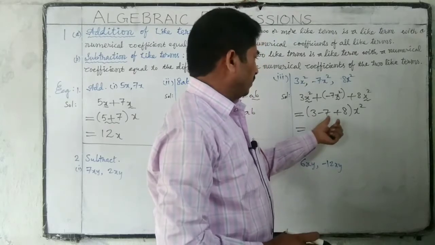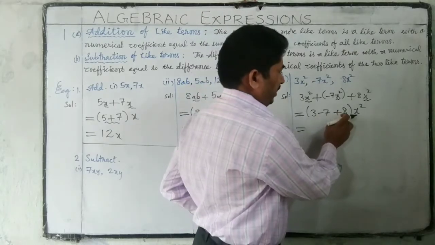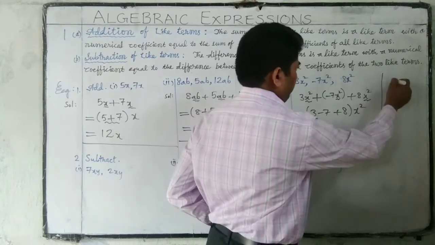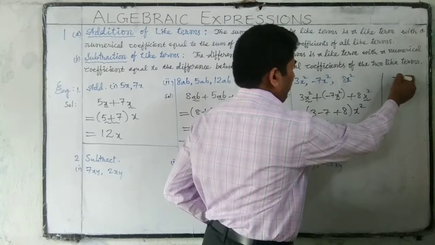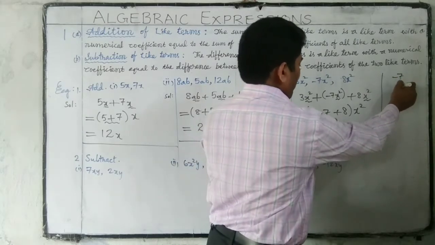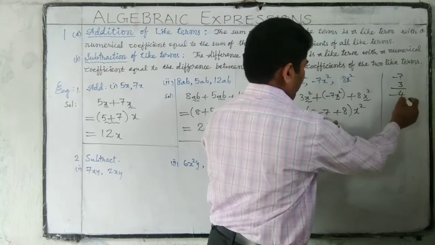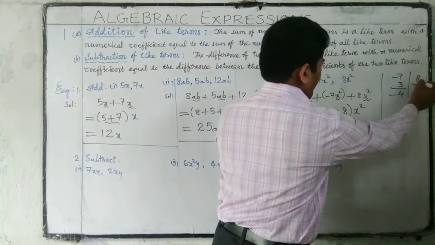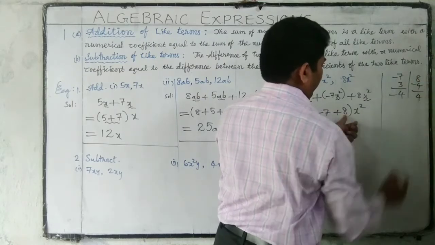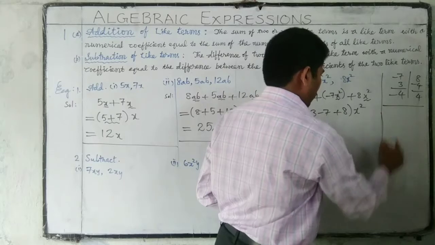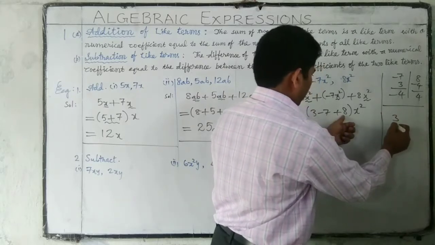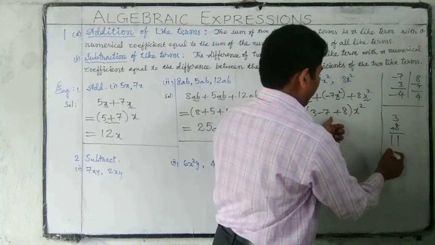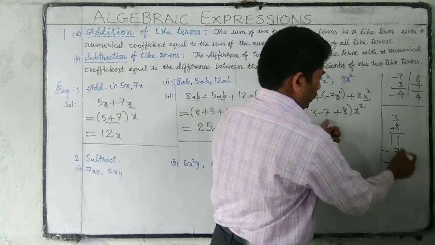Or we can do it like this: minus 7 plus 3 is minus 4, and minus 4 plus 8 is 4. Or we can do it this way also: 3 plus 8 is 11, 11 minus 7 is 4.